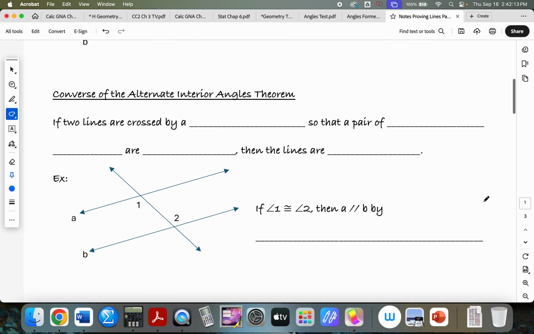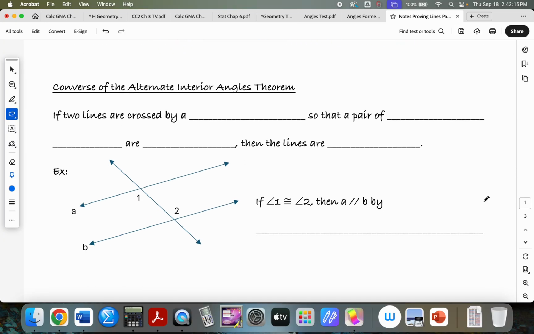This also works if you know that the alternate interior angles are congruent. Again, if two lines are crossed by a transversal, so that a pair of alternate interior angles are related how?